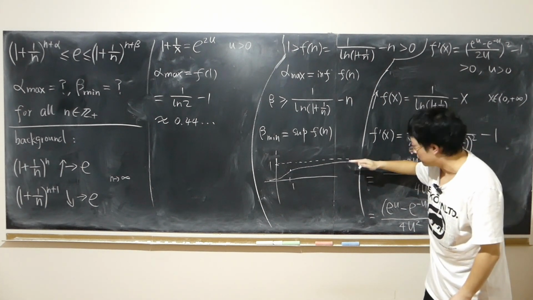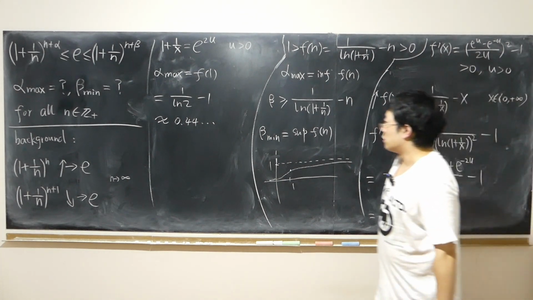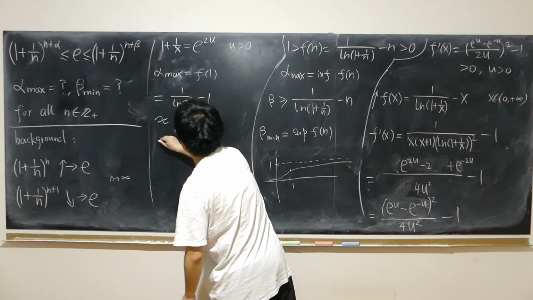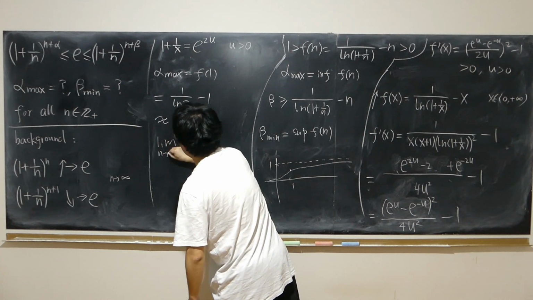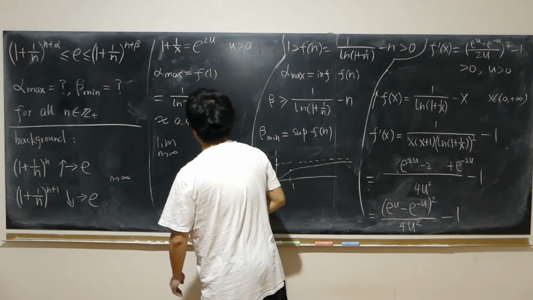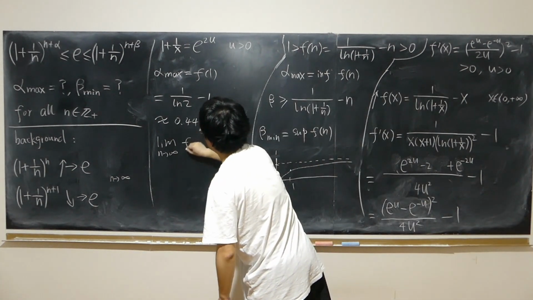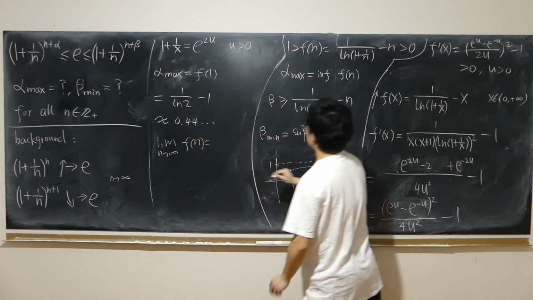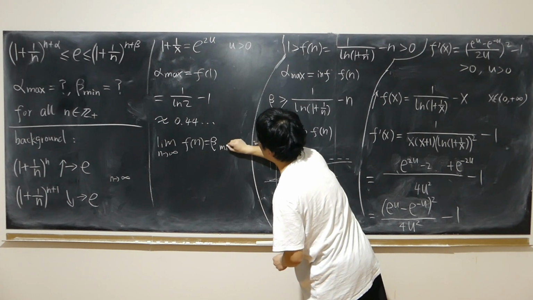Intuitively, it makes perfect sense. f of positive infinity. So in other words, we want to calculate the limit as n approaches infinity of f of n. That would be the smallest possible beta.